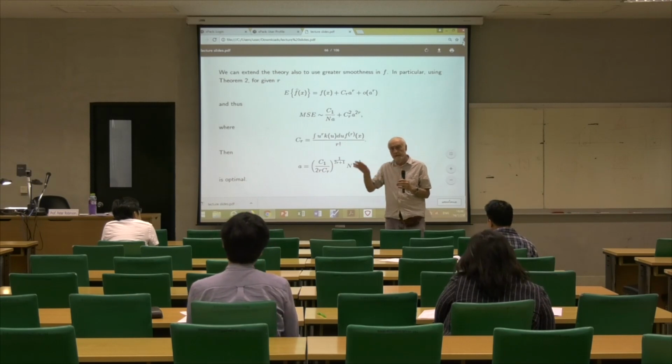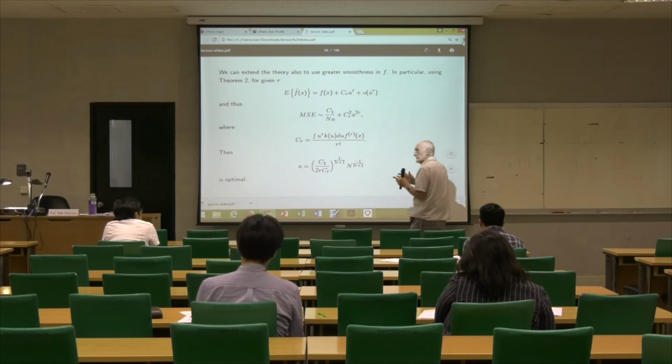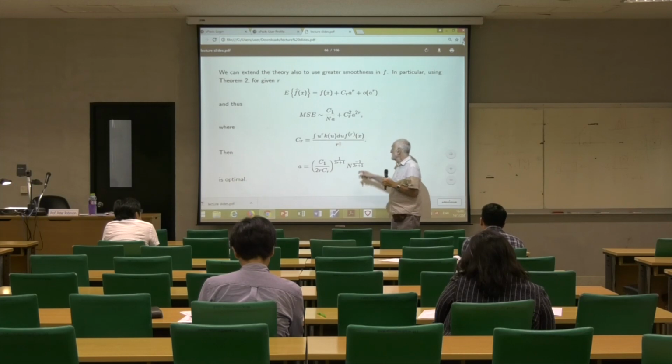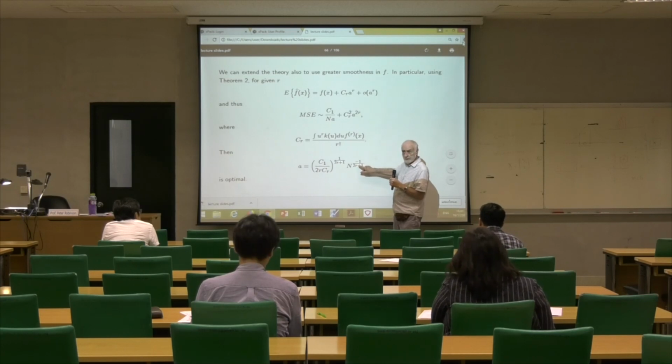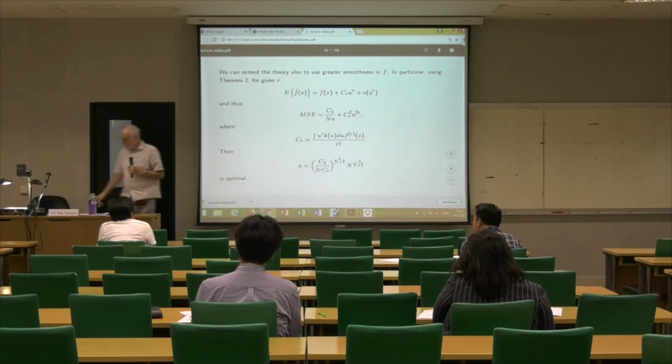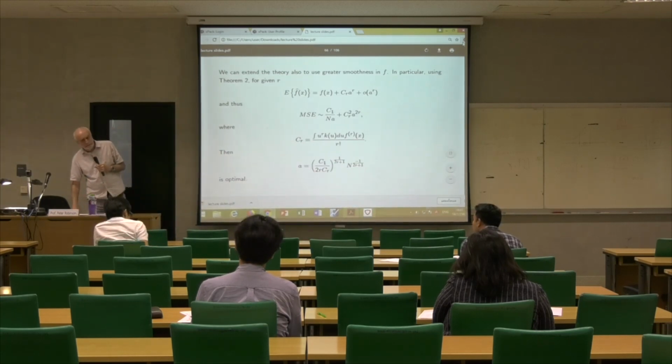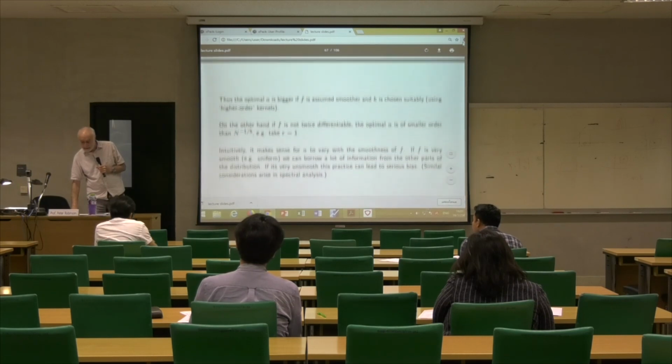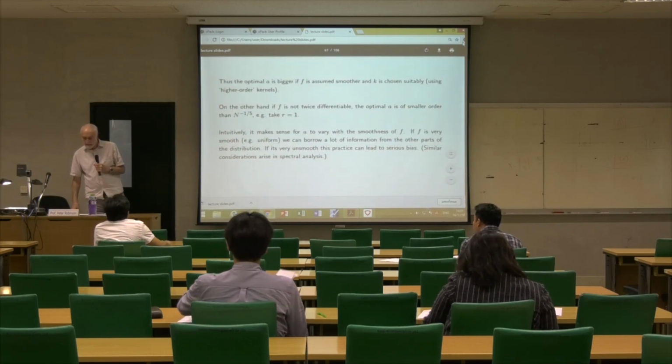Because things are not varying so much, you should use a wider range. So if R equals 4, let's say, this is n to the -1 over 9, which is much bigger than n to the -1 over 5. So you can do this. The majority of the literature looks at the case where the optimal rate is n to the -1/5.